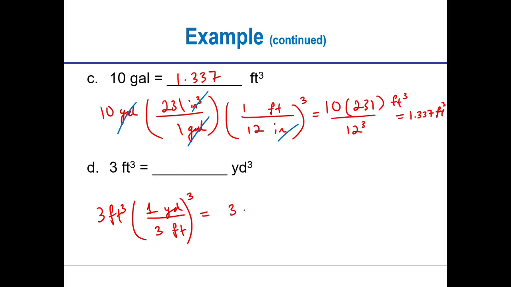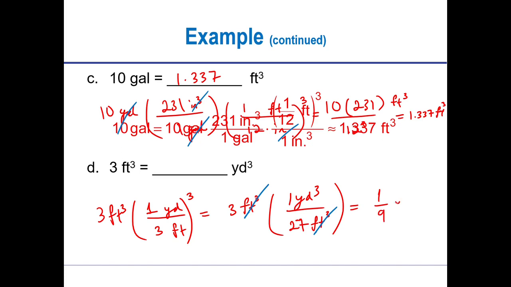This simplifies to 3 cubic feet times 1 cubic yard over 27 cubic feet. And notice the cubic feet do cancel out. And this gives us 1/9 cubic yards. So 3 cubic feet is equivalent to 1/9 cubic yard.